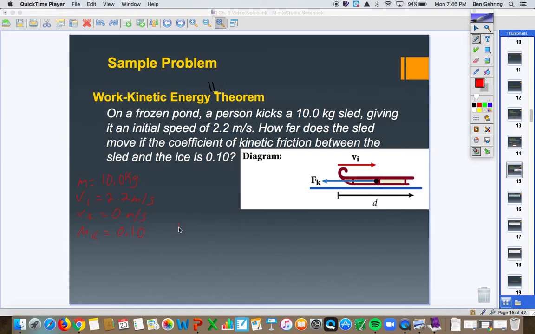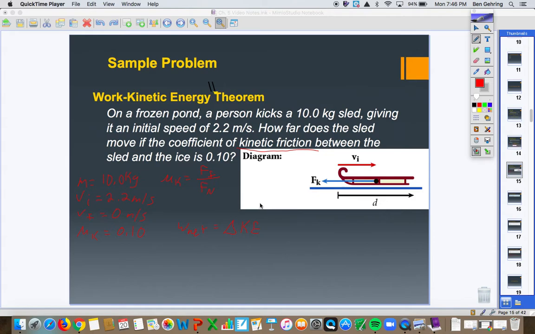So I know that work net equals my change in KE. And in this case, my force is going to be the force due to kinetic friction. So now I have to add one more piece. I need to know that my coefficient of kinetic friction, mu k, is equal to my force due to friction divided by my normal force.